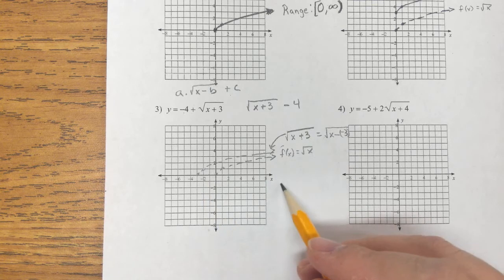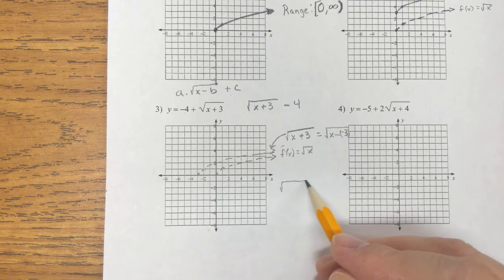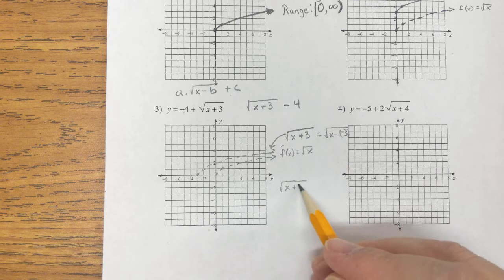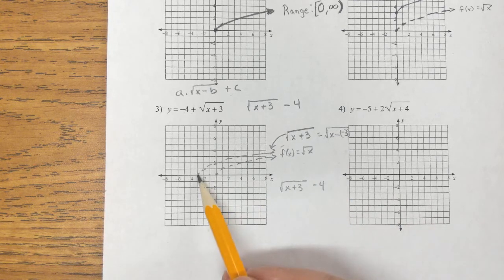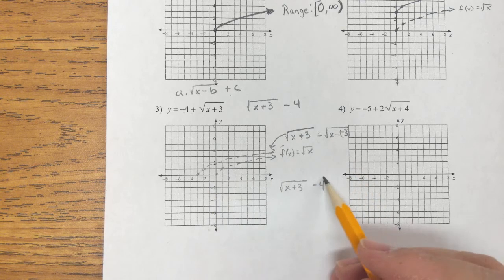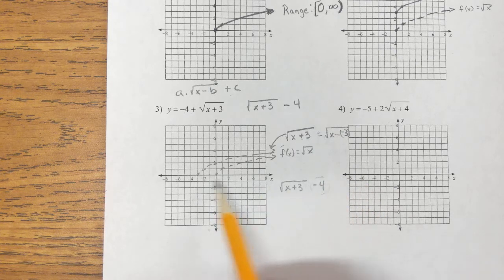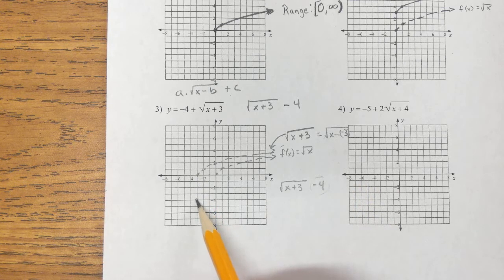Now let's do the last part. We'll do the square root of x plus 3 minus 4. So I'm coming over here to where I've transformed this one, and I'm going to move everything down 4 spots now. So I'm going to go 1, 2, 3, 4, right there.